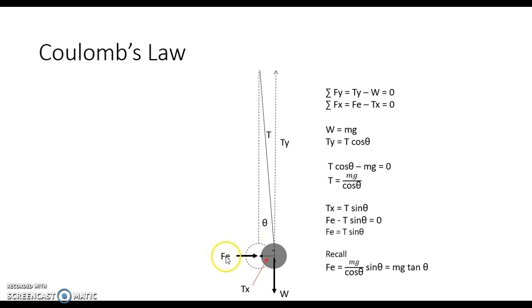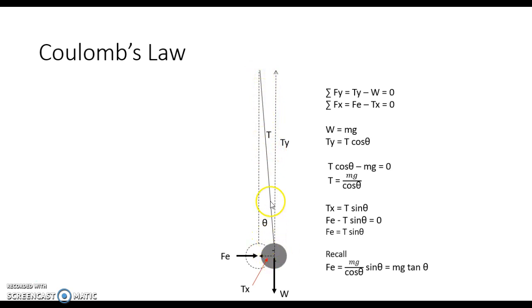So in terms of our X components here, we have an electrostatic force that's pointing to the right. We also have the weight of the ball itself, which is pulling downward in a negative Y direction. Now in terms of our string, remember there was a string that was keeping this sphere suspended.